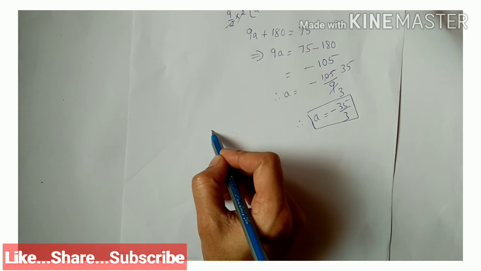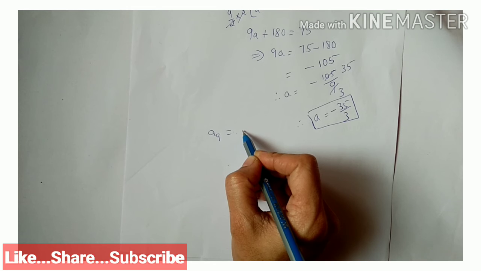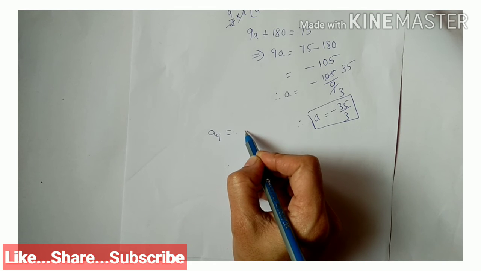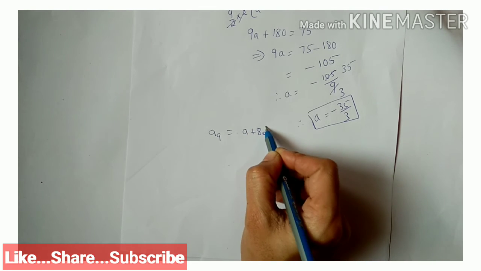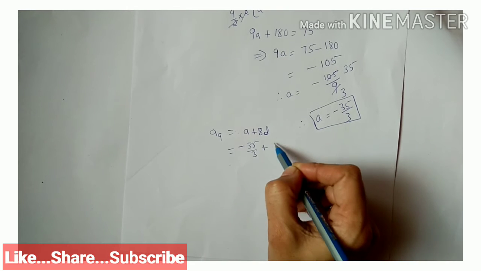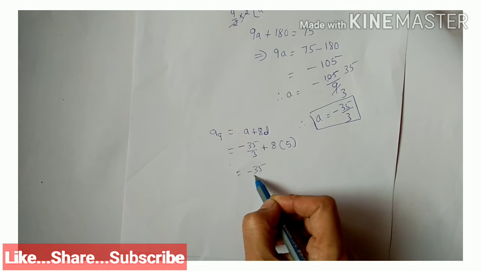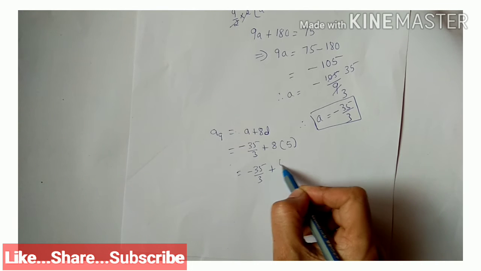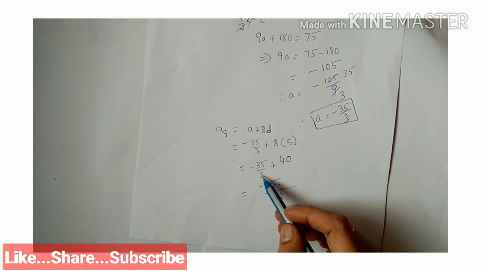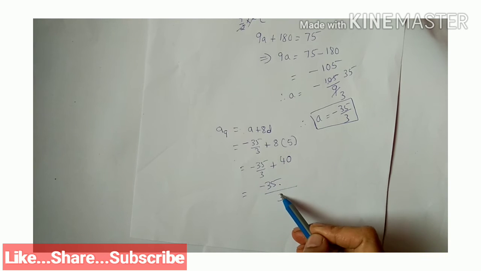Now, we have to find A9. A9 means a plus 9 minus 1 into D, a plus 8D. a is minus 35 by 3 plus 8D. D value is 5. Minus 35 by 3, 8 5s are 40, minus 35 by 3 plus 40. 3 is the LCM.